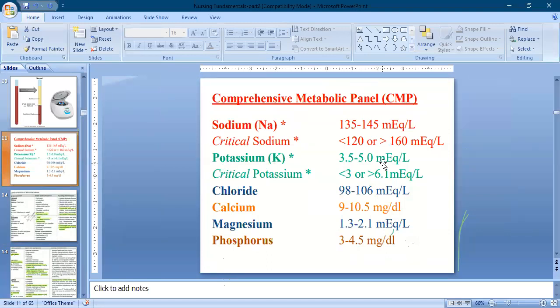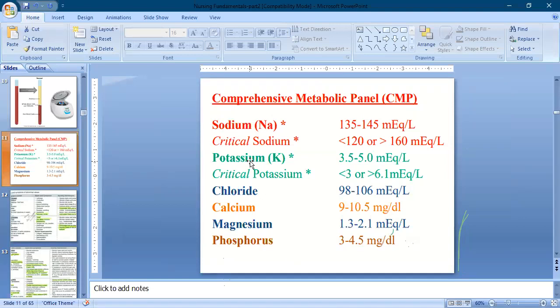So if potassium is imbalanced, either hypokalemia or hyperkalemia, both can lead to heart problems and develop arrhythmia. It's called dysrhythmia, and the patient can finally die because of arrhythmia, right? So potassium is like sodium.